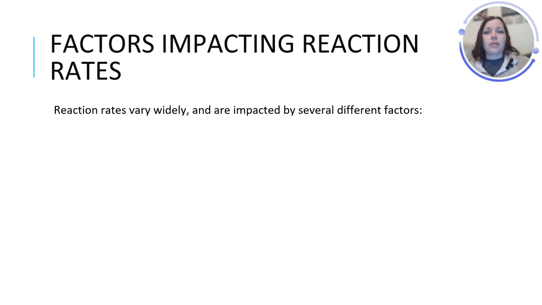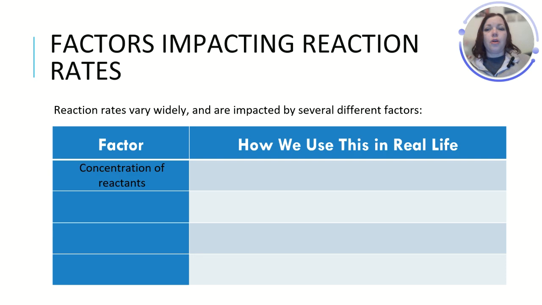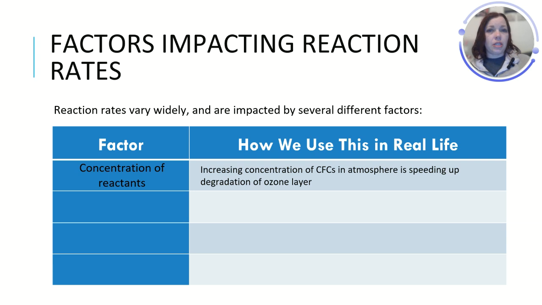The factors impacting reaction rates can vary widely, and they're impacted by several different factors. First of all, we have the concentration of reactants. In real life, we see this because increasing concentration of CFCs in the atmosphere is speeding up the degradation of the ozone layer. As we increase that concentration, the speed of that reaction is increasing.